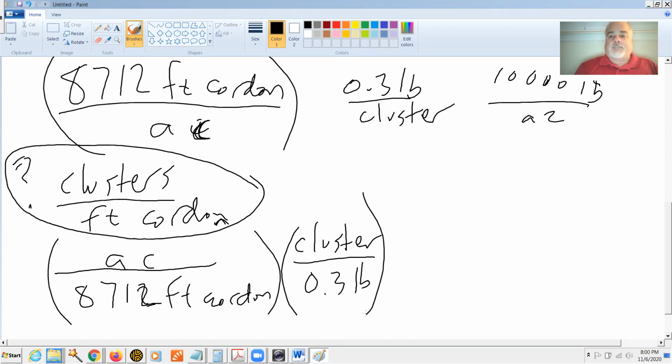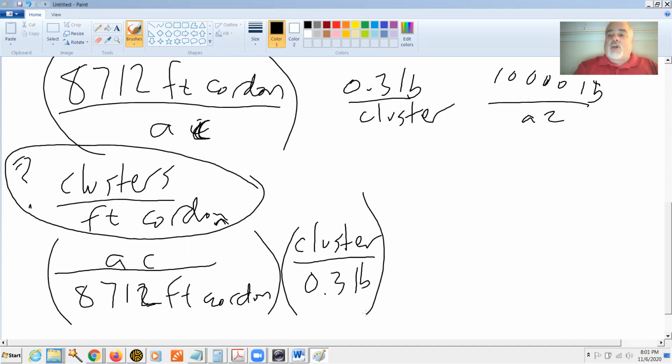Now, nothing cancels here. Not yet. But I also know that I want 10,000 pounds per acre. All right. Acre is already here. You know, pounds per acre is not here at all. There's no pounds per acre in my question. My question is asking for clusters per foot of cordon, and so I already started writing my problem to get that.